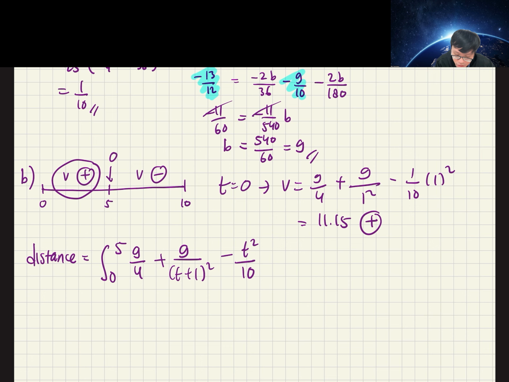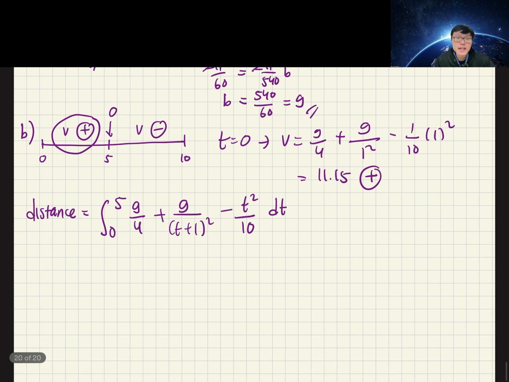You plug in c and b to the equation. But from 5 to 10, you will get a negative integral. So you have to put a negative integral from 6 to 10, sorry, 5 to 10, of the same function.